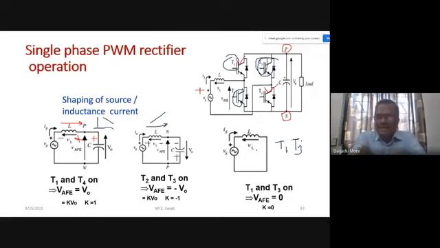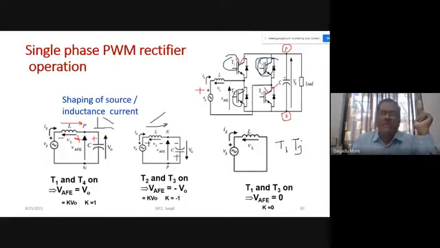So how do we shape the inductor current? How is inductor current controlled? Is it clear? Inductor current is controlled by connecting a capacitor voltage across the series combination of a voltage source and the inductor.